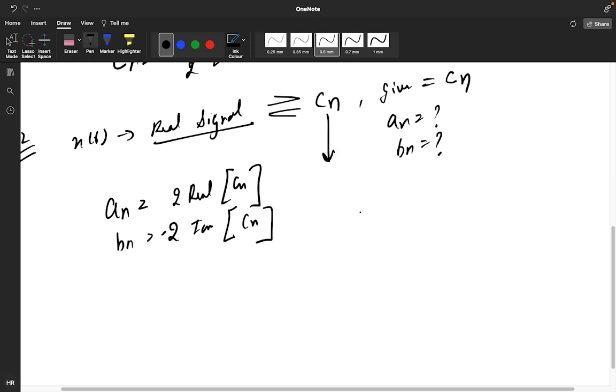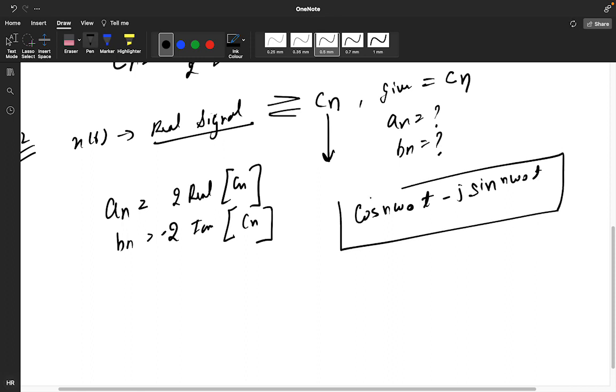And how you will understand, okay, your C of n signal is given like this: cos n omega naught t minus j sine n omega naught t. And you need to find the an value. What you will do? The an will be 2 times the real part.